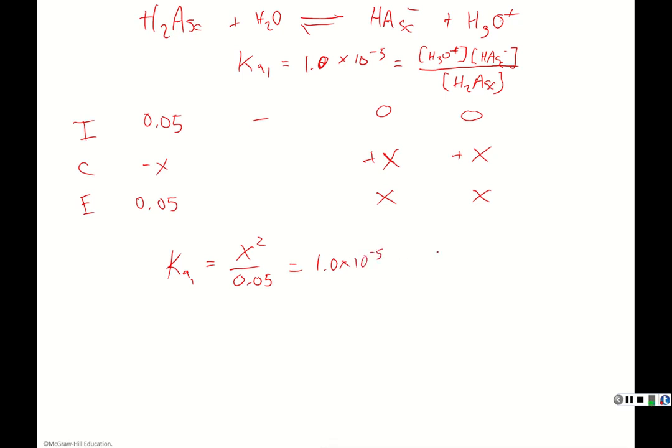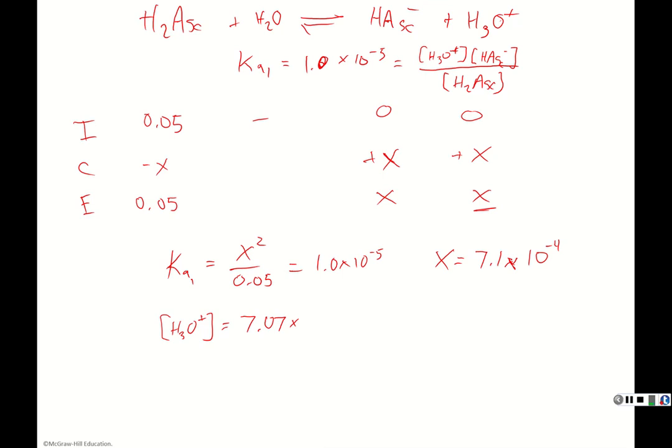So we solve for x, and we find that x is 7.1 times 10 to the minus 4. Okay. Right, so if that's x, x is our H3O plus concentration. So we can calculate the pH based on that. I think technically it was 7.07.